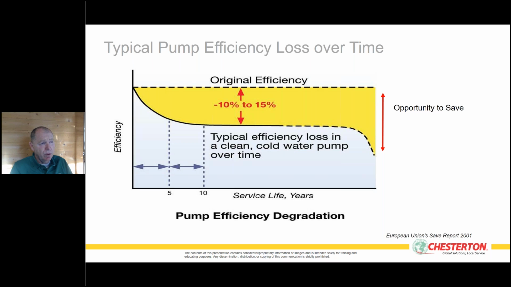They showed that in the first 2 to 5 years of the pump being in service, that's where the majority of the efficiency was lost. It tends to then plateau for a while until eventually the pump fails in service. And this is an area where we have an opportunity to offer some savings if we can apply a protective coating that can help maintain that efficiency over the lifetime of the pump.